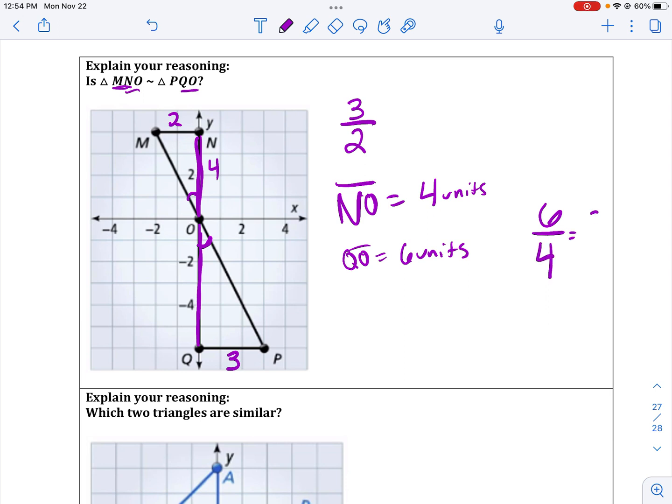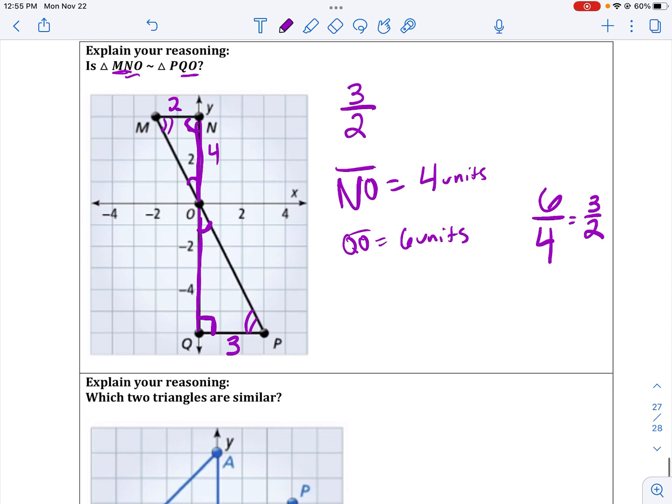Let's reduce this scale factor, and we get 2/3. Since both scale factors are equal in measure, both are 2/3, that means the two shapes are similar. So all the angles, angle P is going to be the same measure as angle M. We have 90-degree angles there. So those two shapes are similar because their corresponding side lengths are proportional.